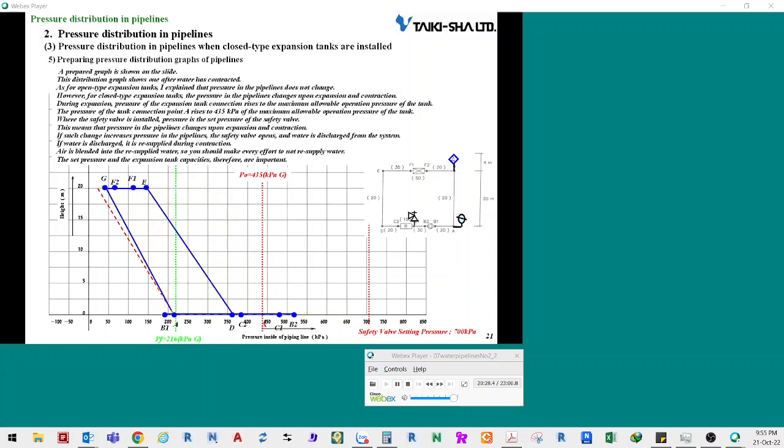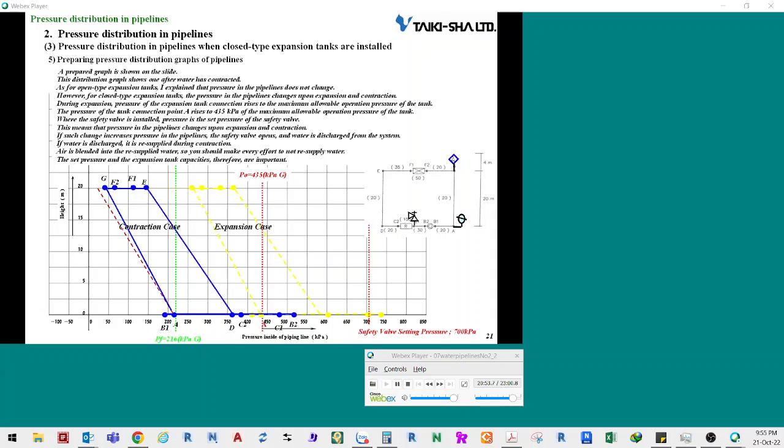Where the safety valve is installed, pressure is the set pressure of the safety valve. This means that pressure in the pipelines changes upon expansion and contraction. If such change increases pressure in the pipelines, the safety valve opens and water is discharged from the system.